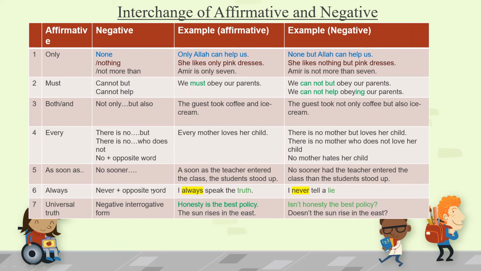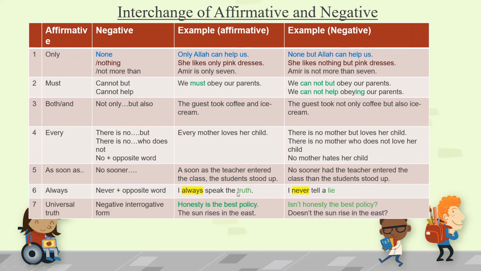Rule number 6, assertive sentences containing always. In case of an assertive sentence containing always, we replace the word always with the word never, and we use the opposite word of the assertive sentence.